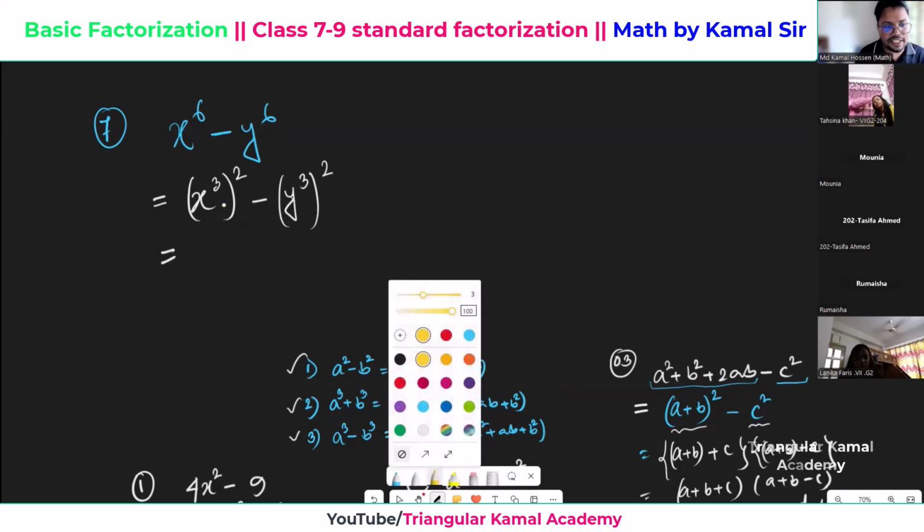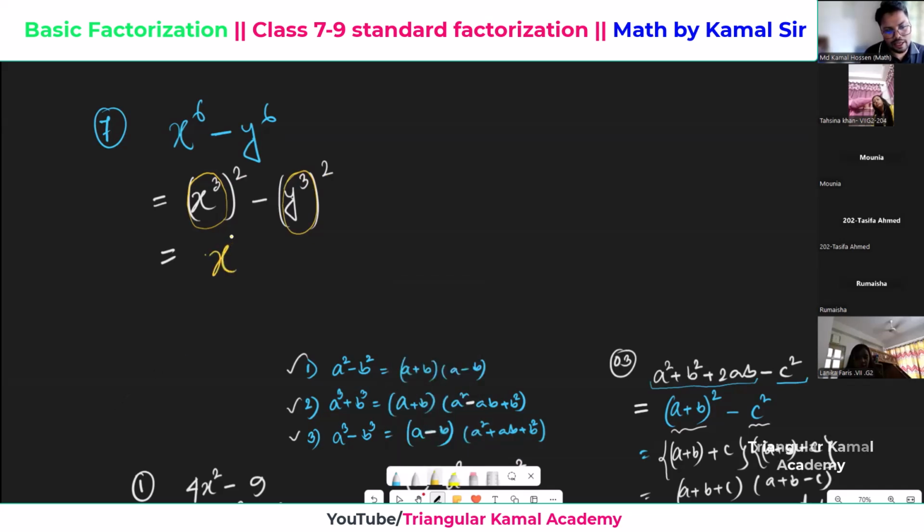Consider this one is a, inside this first bracket, this one is a, this one is b. A square minus b square. So now write here a plus b, a plus b, and a minus b. So now step 1, the application of a square minus b square formula is done.